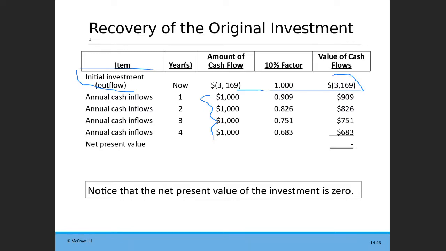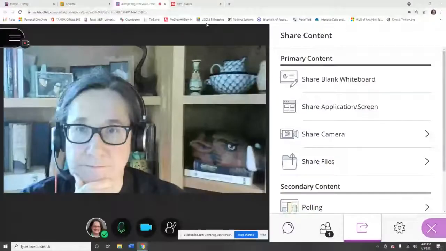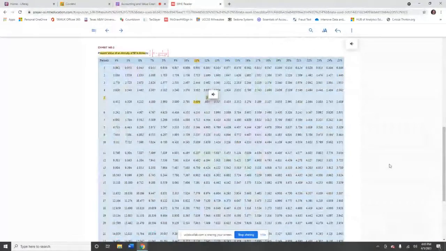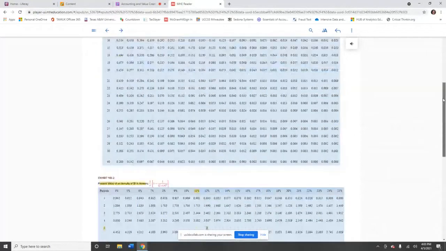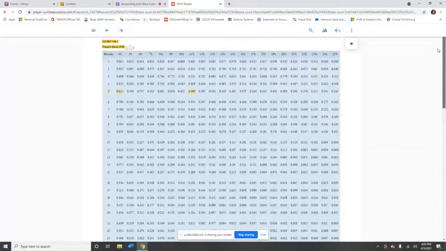So I go to that chart, right? So let's go to the chart and look up for year 1, 2, 3 at 10%. All right. So I'm going to share my screen. Okay, so this is not a value of an annuity. I need to go to value of $1, right?